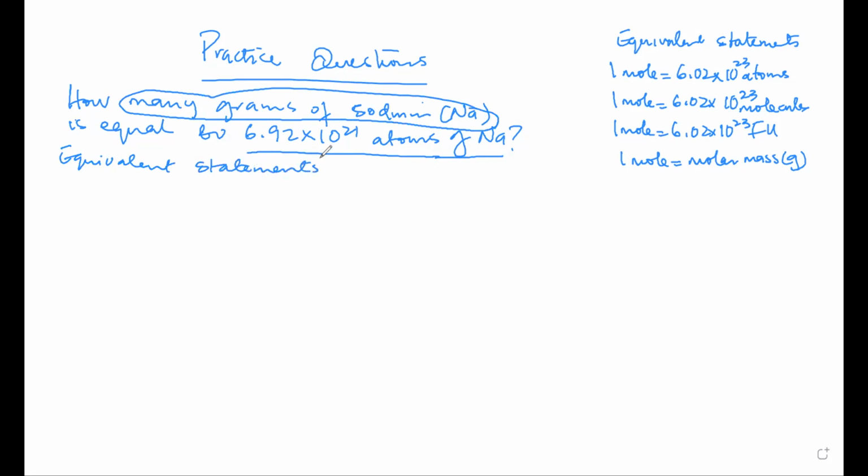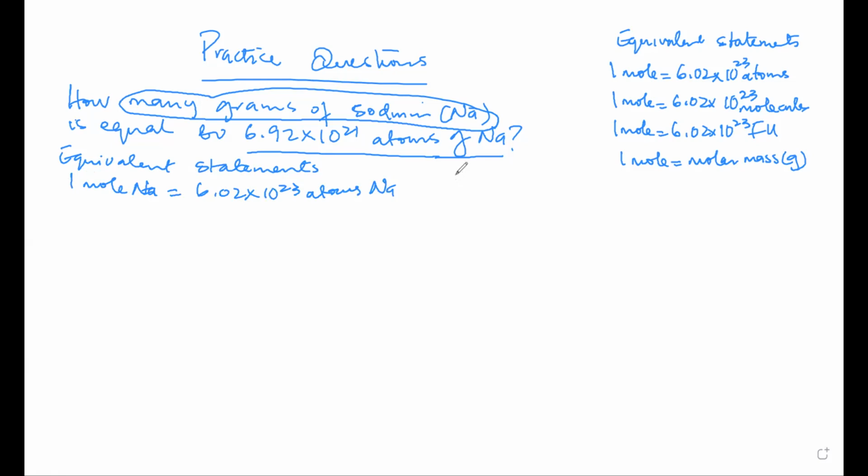So we go from atoms to moles. The first equivalent statement will be 1 mole of sodium is equal to 6.02 times 10 to 23 atoms of sodium.